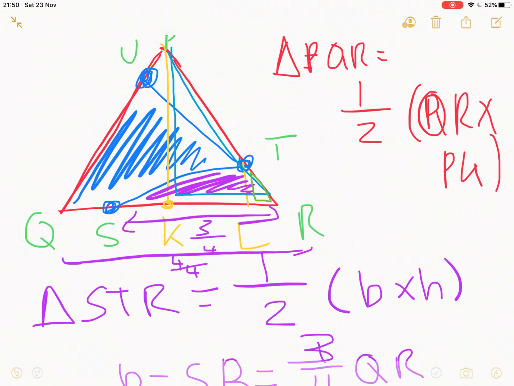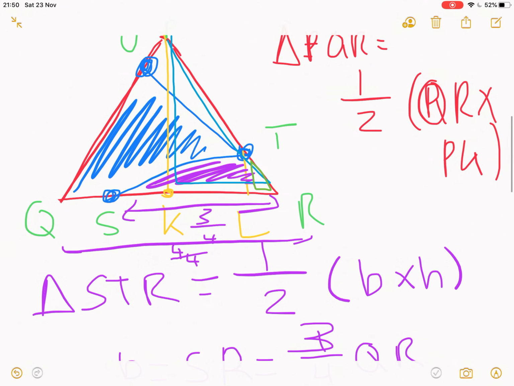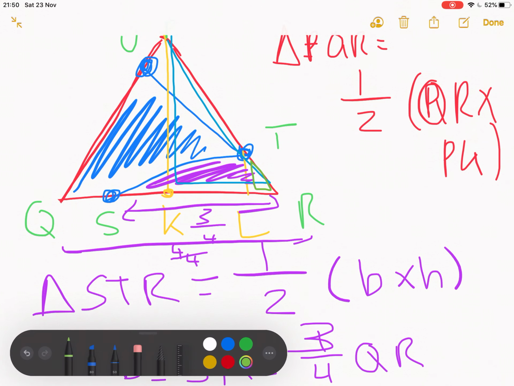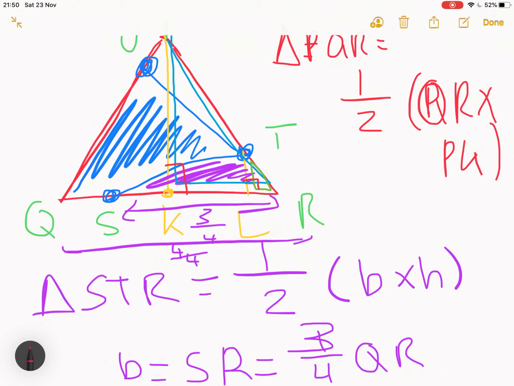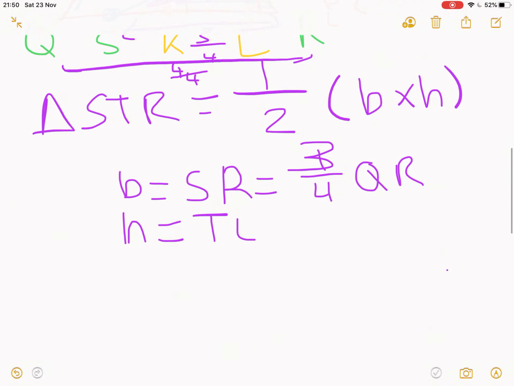And we know these are similar because they share a right angle, as they are perpendiculars, and they share the same angle here which is TRL. So they share the same angle, so therefore they are similar.